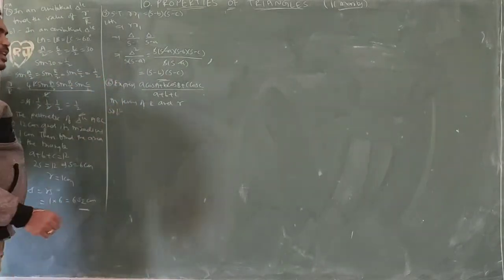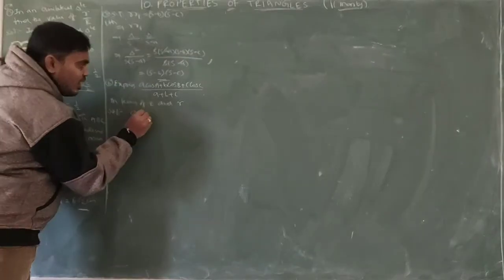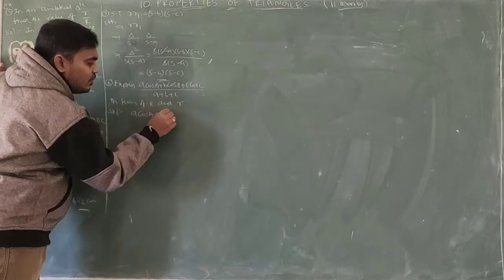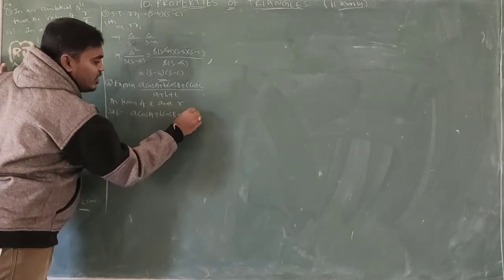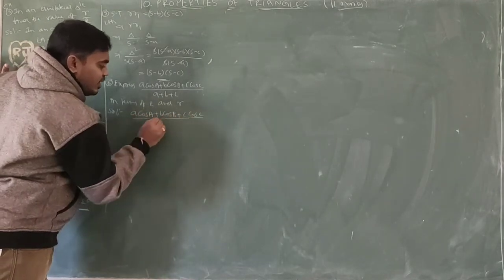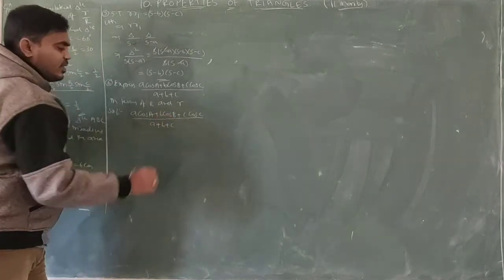I will write the given expression: a cos A plus b cos B plus c cos C by a plus b plus c. This is given.